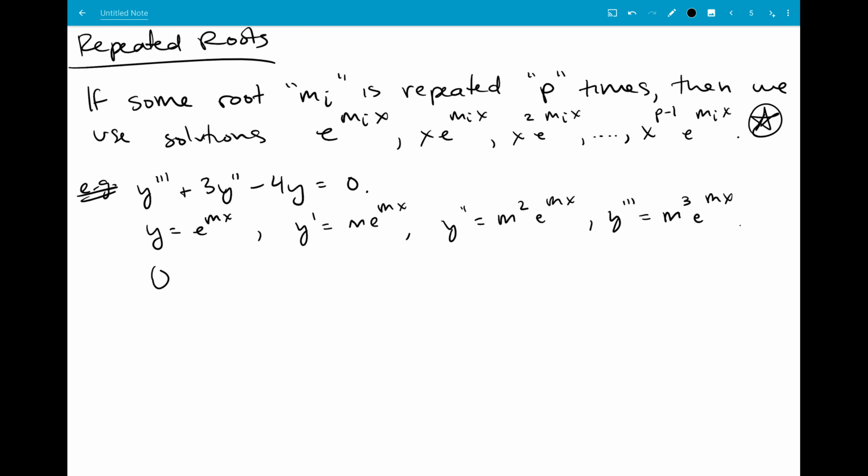And so if I want this to solve my differential equation, I'm going to need 0 equal to m cubed e to the mx plus 3m squared e to the mx minus 4 e to the mx.